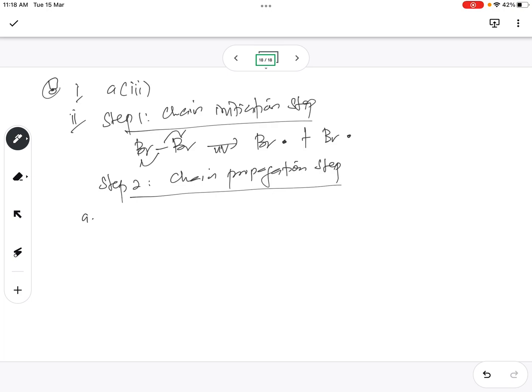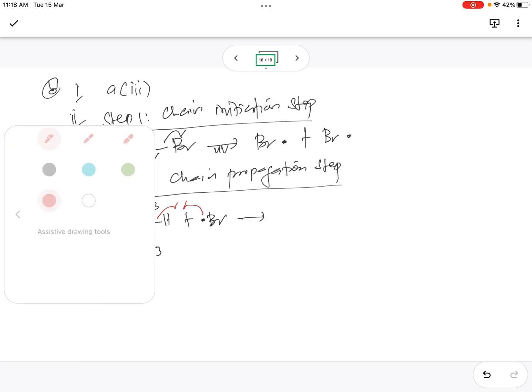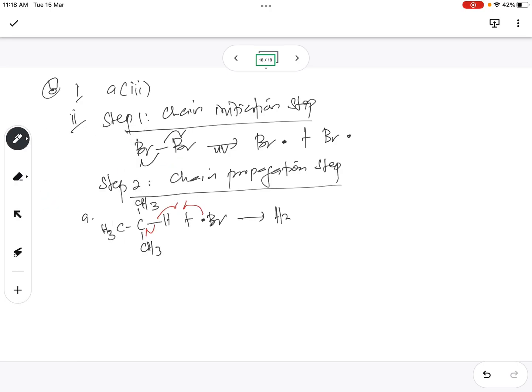The first one, we have structure number 3. So CH(CH3)3 plus Br dot. One goes to carbon by homolytic cleavage, one collides with the bromine. So we get H3C-C(CH3)2, a radical, plus HBr.